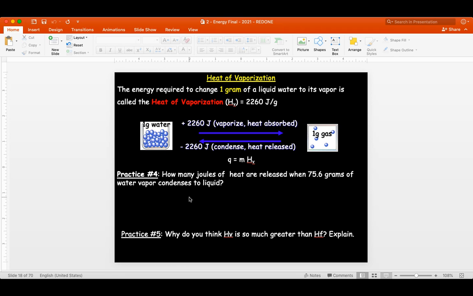So what we're going to do is, I won't be able to write it here, but you would simply use the equation. You would take 75.6 multiply it by 2260, okay?